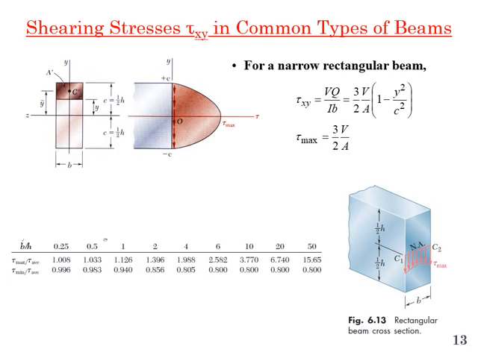The important point is that for the rectangular cross section, the shear stress distribution will depend on the ratio of b by h.